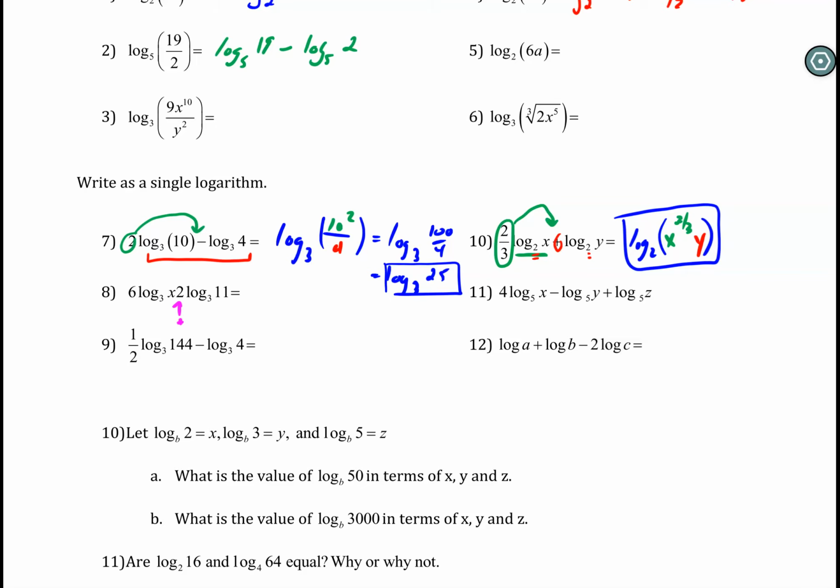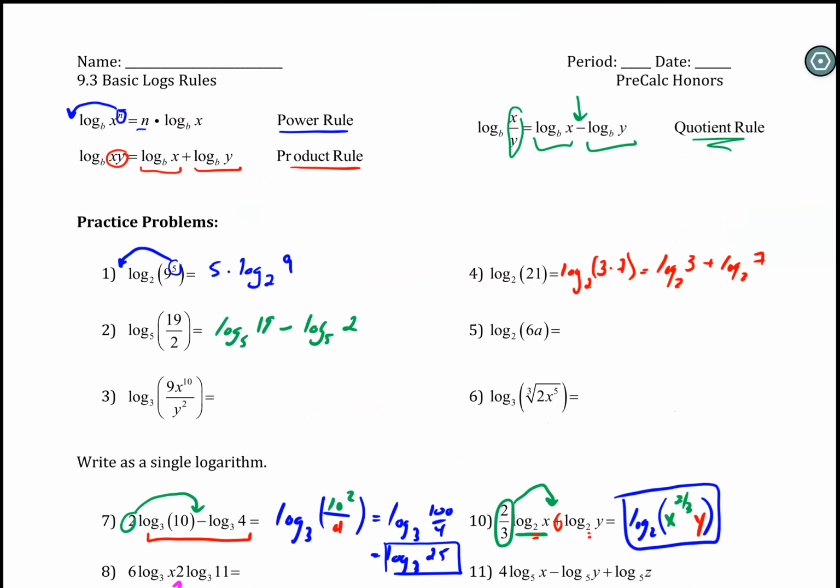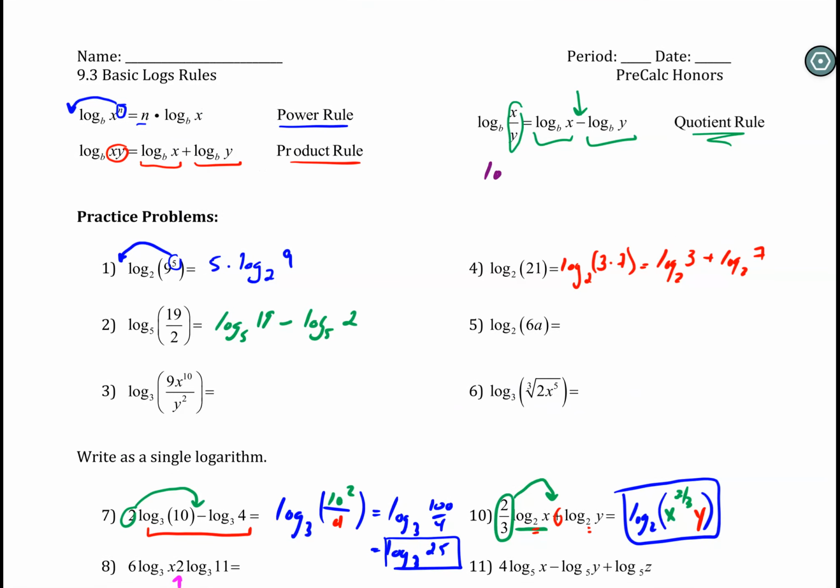Some other key facts, things that you need to make sure you know. Log, let's just say log of x here. Notice that if there's no number here, right, it's base 10. If there's no number, that's a base 10. This rule applies to natural logs as well.